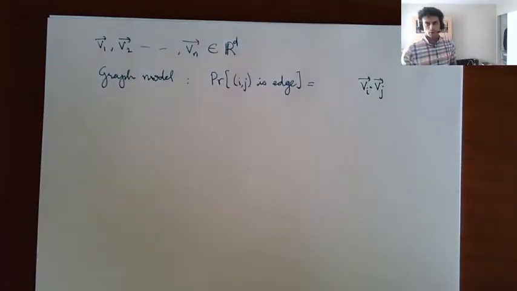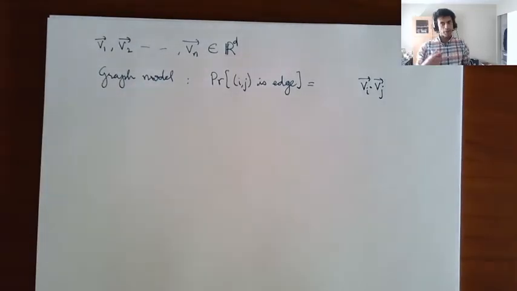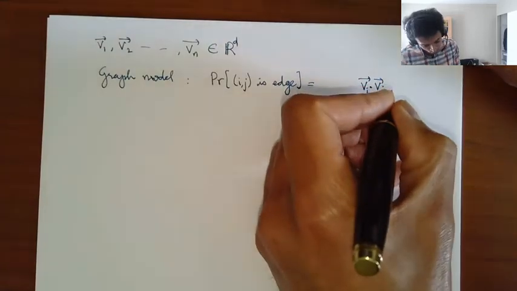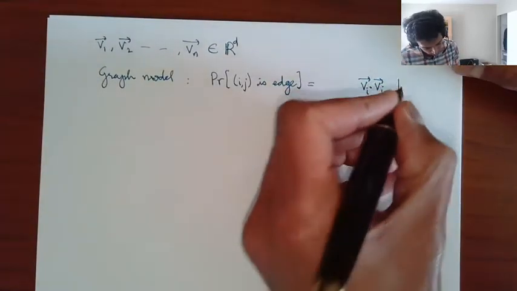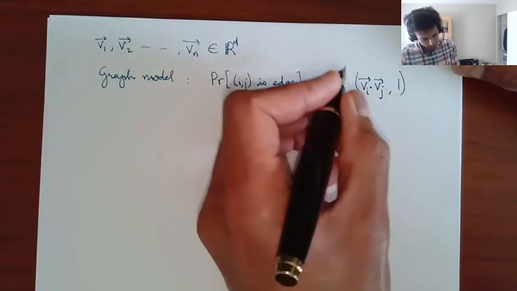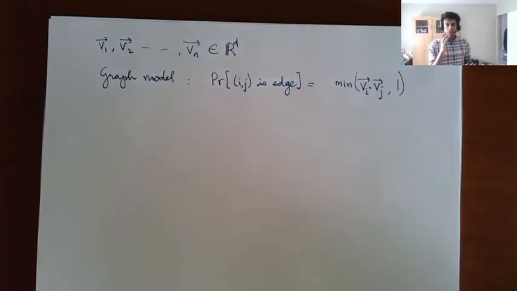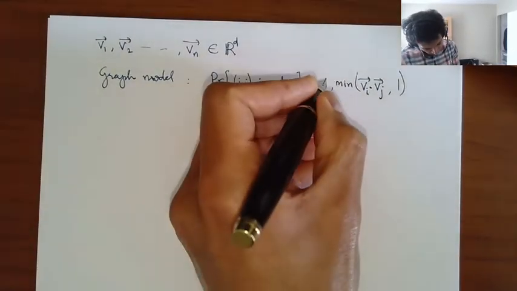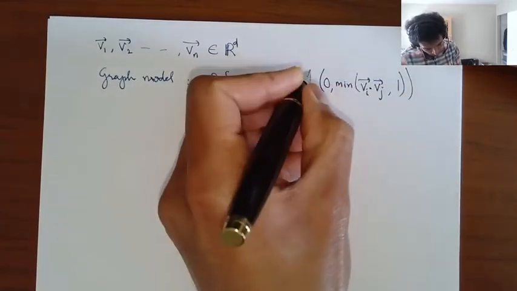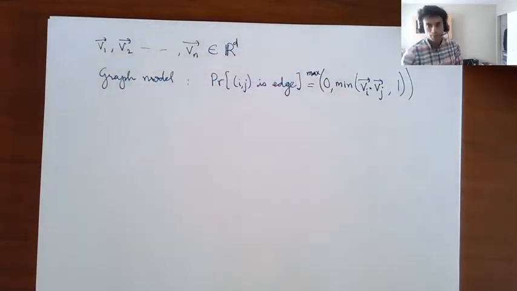And of course the problem is that this dot product might not be in 0 or 1. And therefore what I would do is take the min of these values, but also take the max over there.